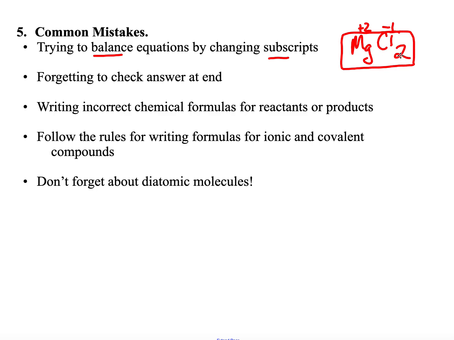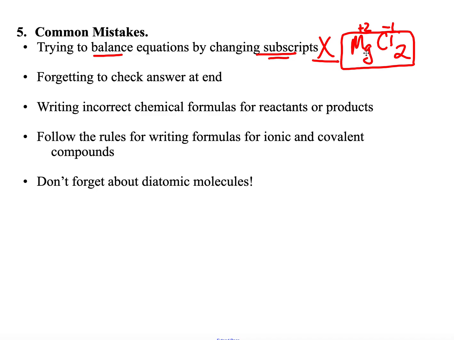That is the right formula for magnesium chloride. The only thing you can do is put a coefficient out front. You have 1 or 2 or 3 or 5, but you cannot change what numbers are in the subscript spots, because then it's not magnesium chloride anymore. So never ever change subscripts.